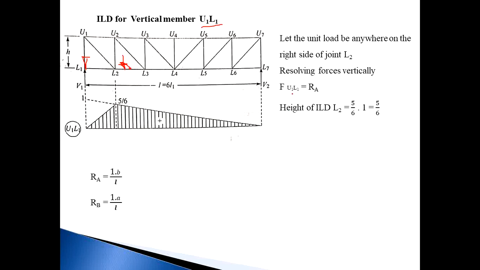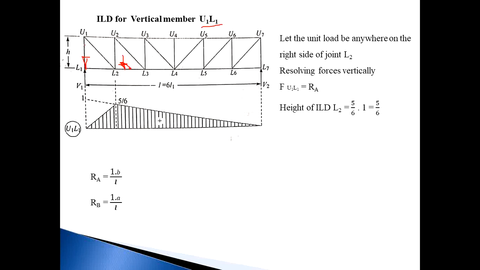Okay. So F U1 L1 is equal to Ra, and Ra is equal to, sorry, A by L. Next, when the load is acting at point L1, Ra becomes 1.